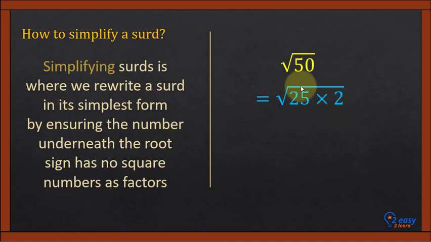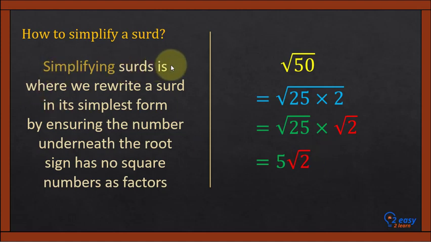So we can take the square root of 25, which is 5, and we'll keep the 2 under the square root. You can split it in two parts. Square root of 25 times square root of 2, and square root of 25 is 5. So your final answer is 5 times square root of 2.